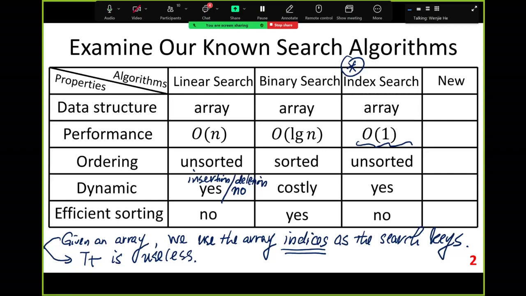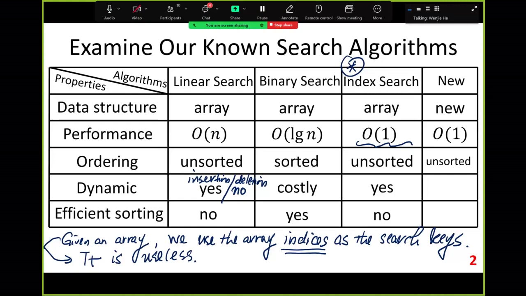When we design a new one, we need a new data structure. For performance, we would like to keep big O of 1, index search type performance. It could be slightly slower, but we hope not too much slower.